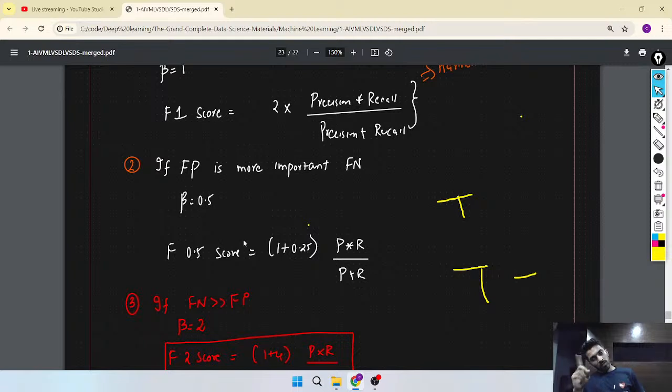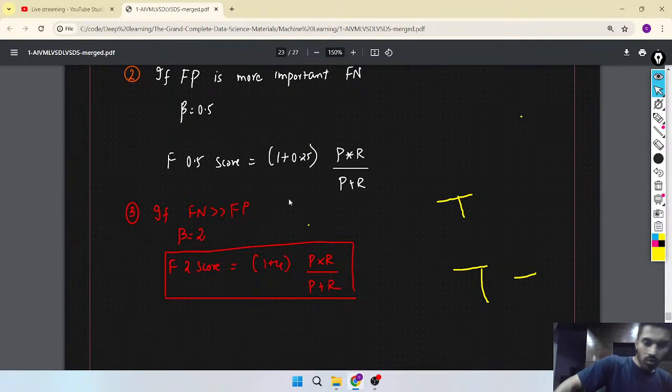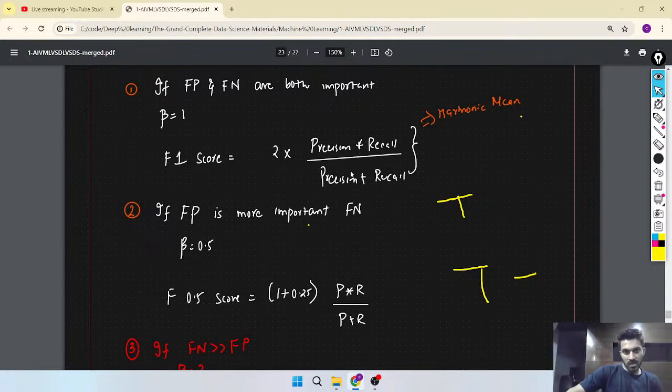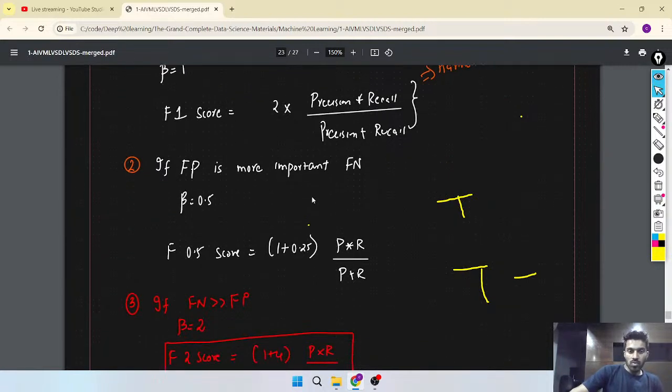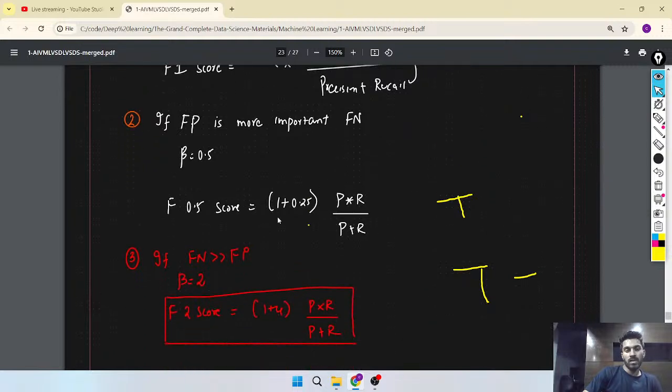So the next question every time in your mind will be why I have to apply beta greater than 1 or less than 1. See this formula, precision and recall. In precision, false positive will come in the denominator.